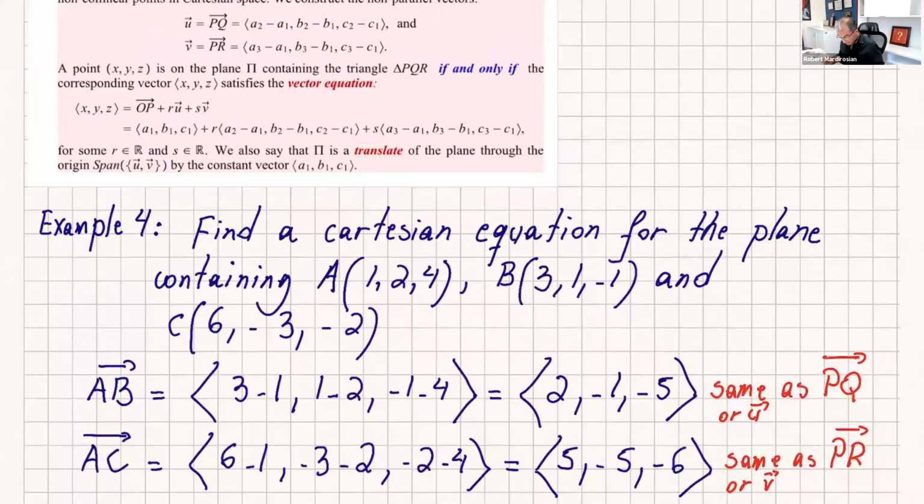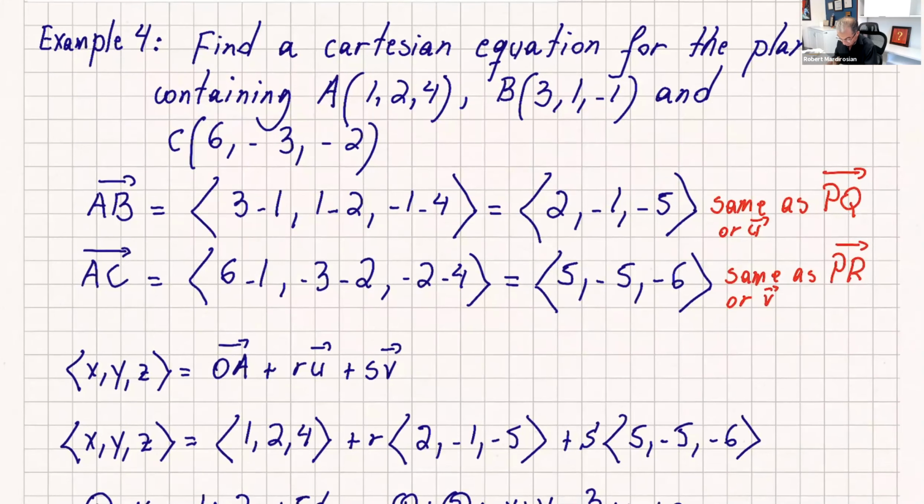Now let's see how we can use this to solve the same example. Find a Cartesian equation for the plane containing A, B, C. This is the same problem, and I want to solve it the way the definition says. So you have to find AB and AC. I'm sure you know how to find that.